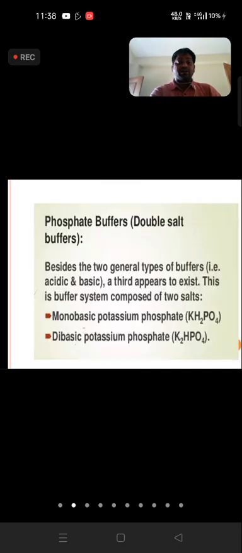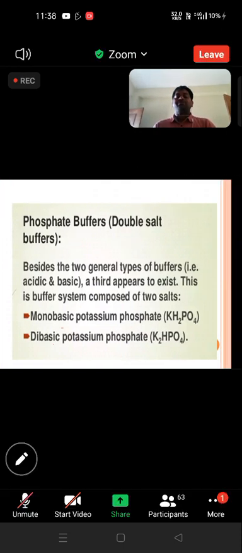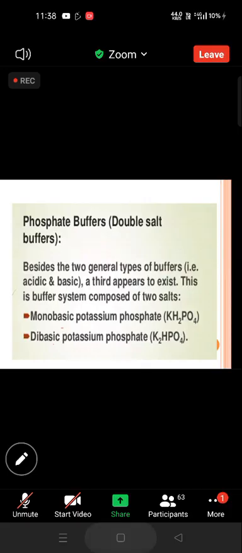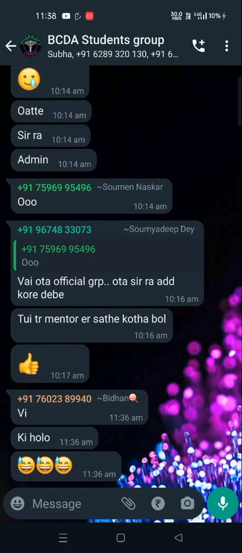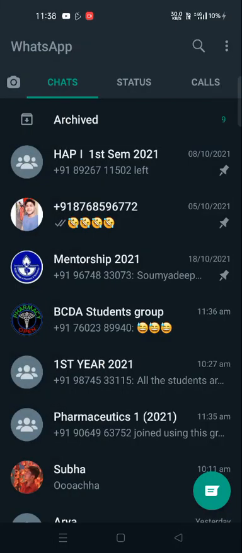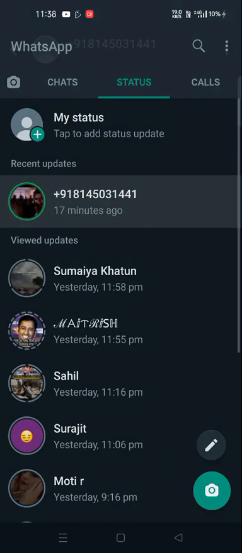Another example is the double salt buffer. Phosphate buffer is a double salt buffer because it consists of two different kinds of salt, not weak acid or weak base. Phosphate buffer is a mixture of disodium hydrogen phosphate or dipotassium hydrogen phosphate along with potassium dihydrogen phosphate.